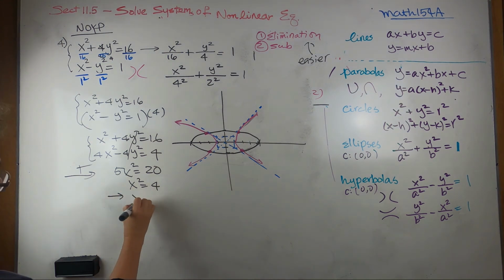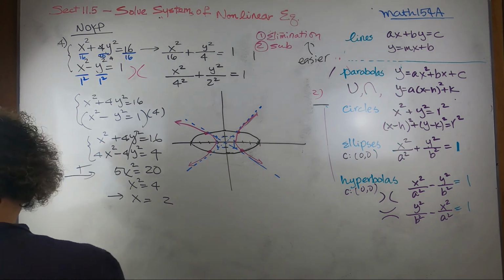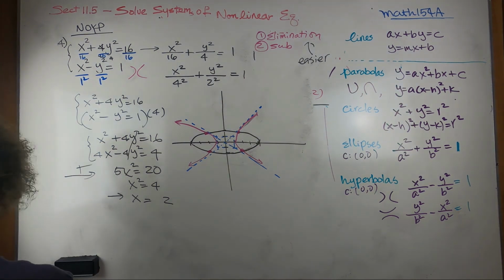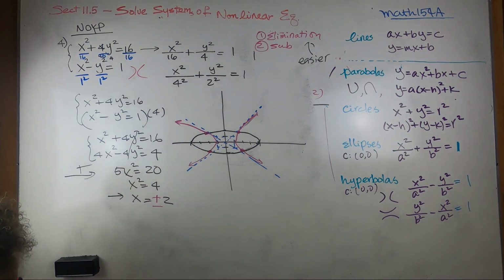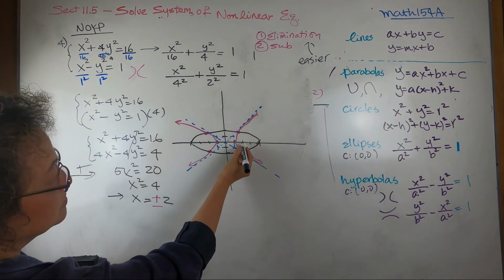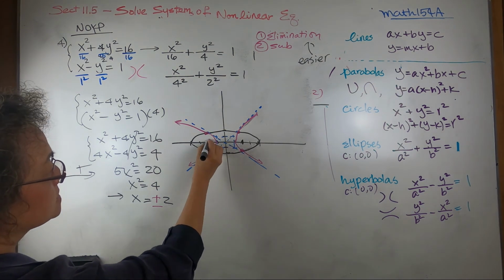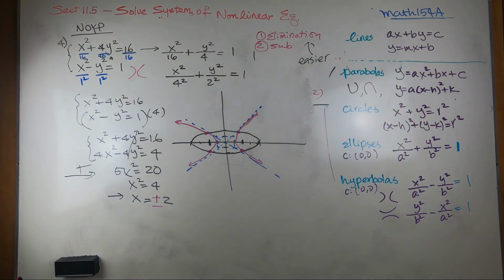Then what's your x? Don't just give me 2. By even root property, you should have what? Plus and minus 2. Right? Then x can be what? X can be 2. X can be minus 2. Then let's find the y, right?